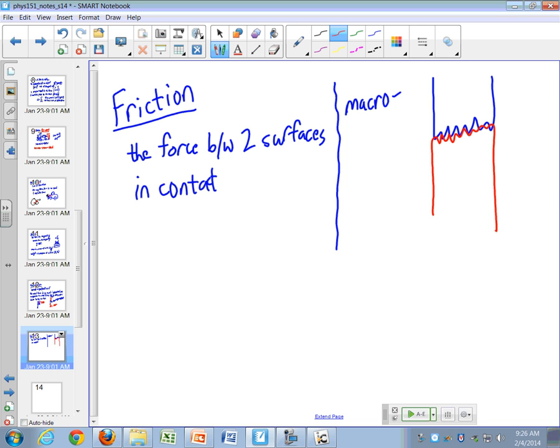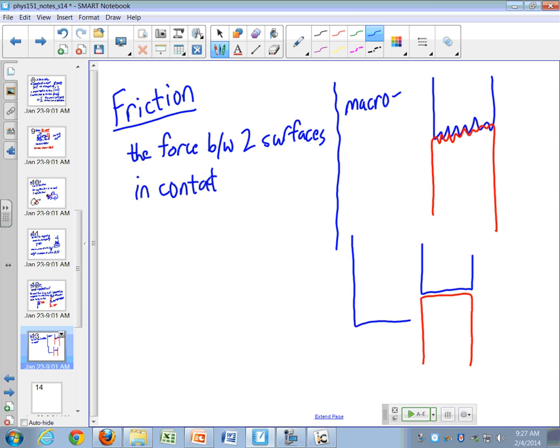But a funny thing happens if you take those two surfaces and you make them really smooth. So now if I have one surface and another surface, you would expect the friction to decrease, right? Right. And actually it does.